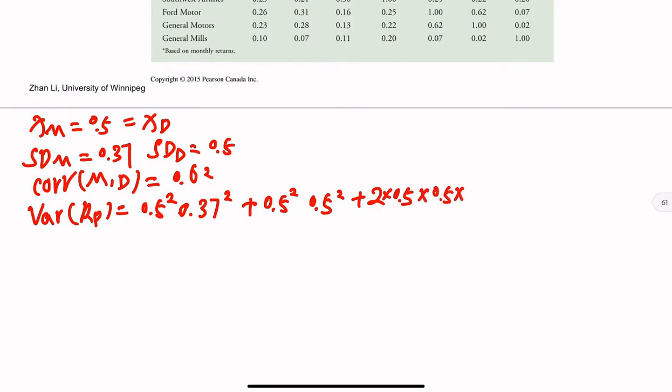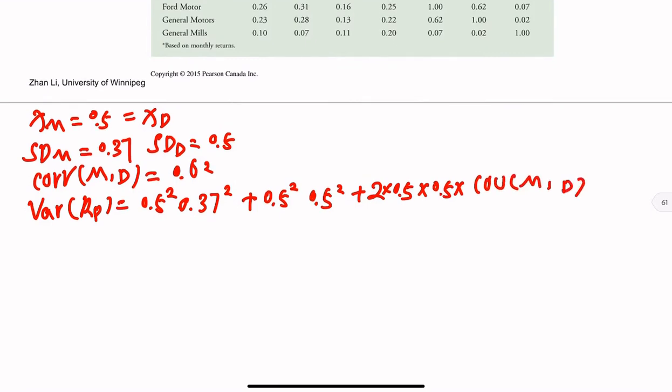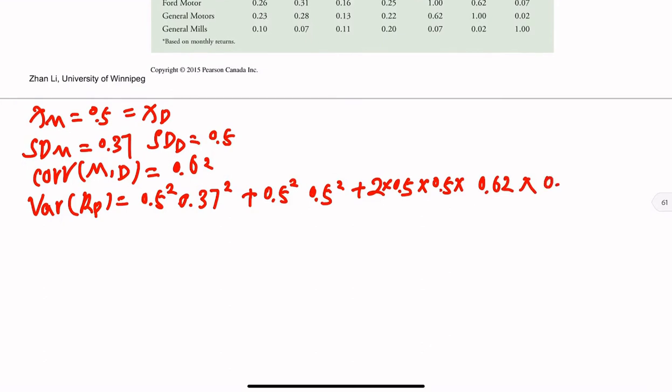However, we don't have the covariance between Microsoft and Dell, so we will use correlation to back it out. The covariance of Microsoft and Dell is equal to the correlation times the standard deviation of Microsoft times the standard deviation of Dell.